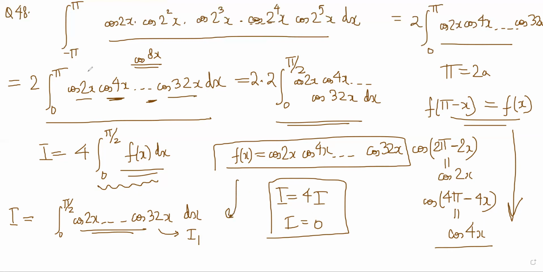But you can try out this particular option. You can just group the 2x with the 32x and 4x with the 16x actually. Cos 8x is alone, right? So this is what we get. We should get the answer 0 in this particular question.